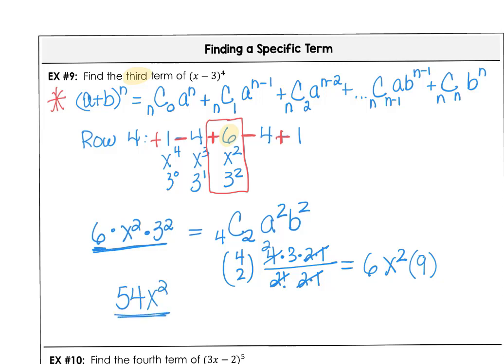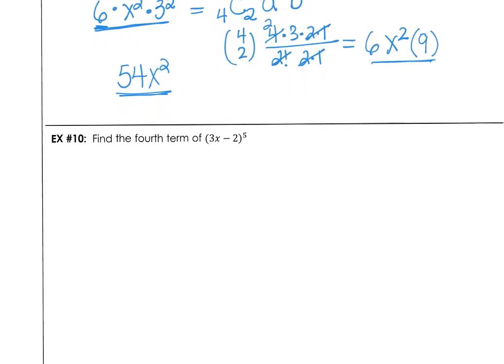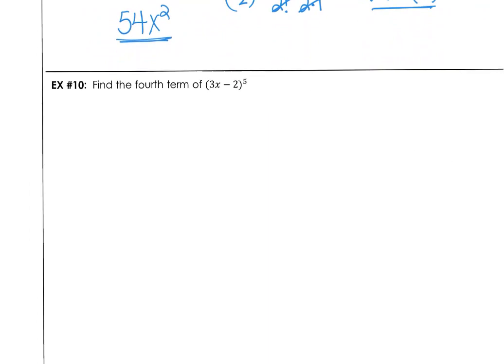So whether you use the combination approach or whether you use Pascal's triangle, either way we're going to get 54 x squared. Then finally we got one more to go just like that.